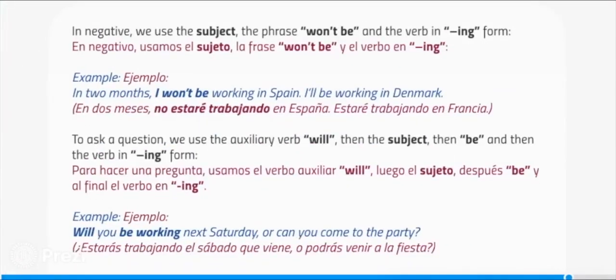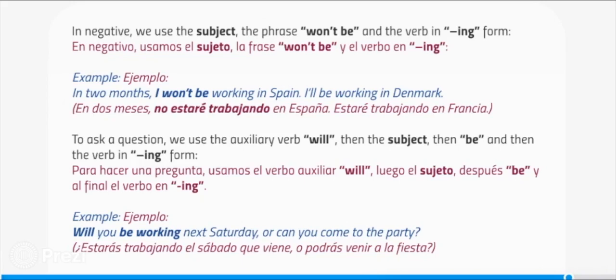In negative, we use the subject, the phrase won't be, and the verb in ing form. Example: In 2 months, I won't be working in Spain. I'll be working in Denmark.